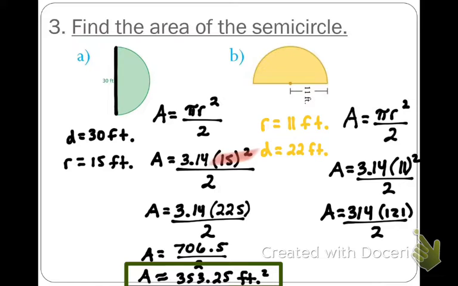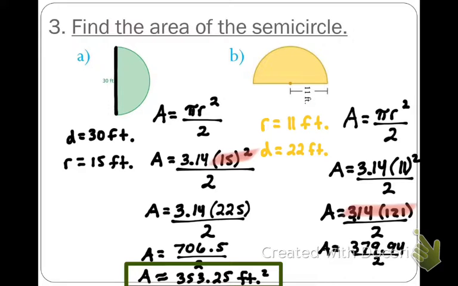And you multiply. Okay, what's the top? Okay, but then you got to divide that by 2.